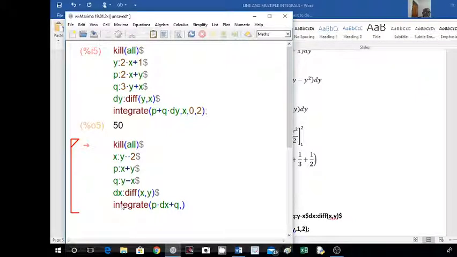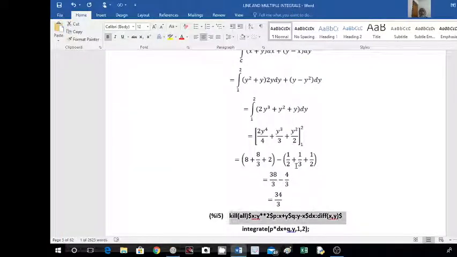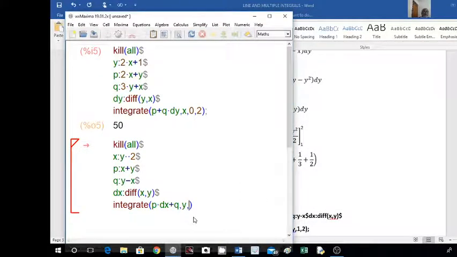With respect to y here, y, comma, y ranges from 1 to 2. So here we write 1, comma, 2. Okay. Semicolon. Execute. Shift enter. 34 by 3.